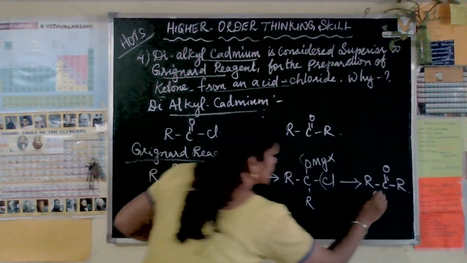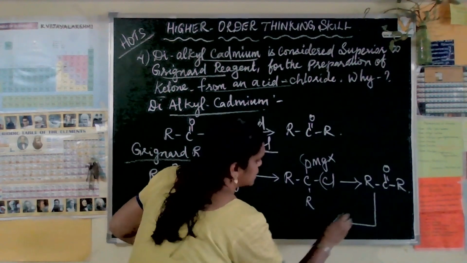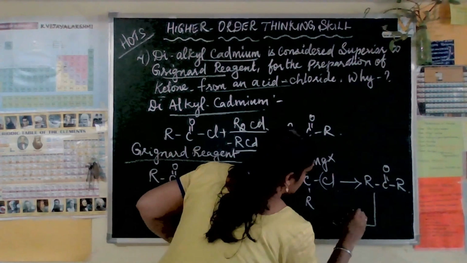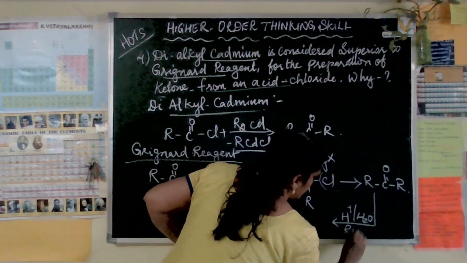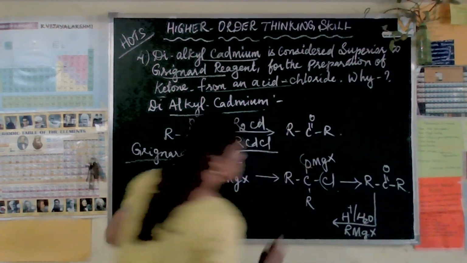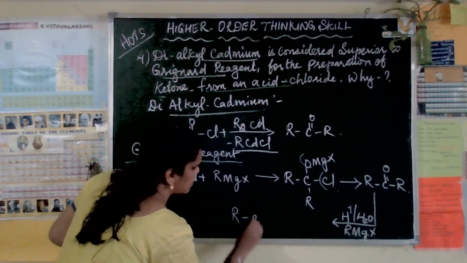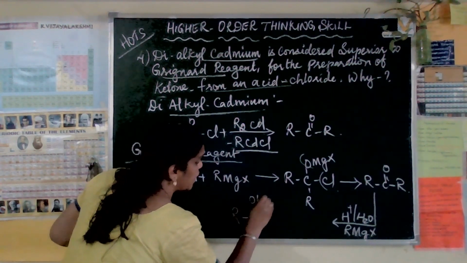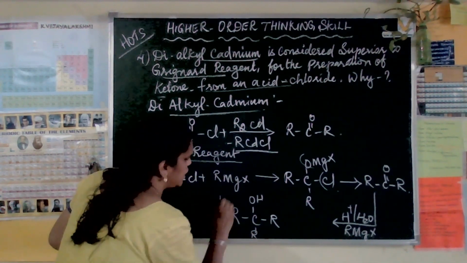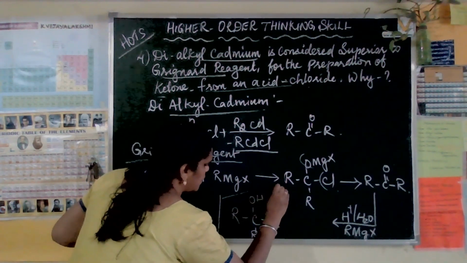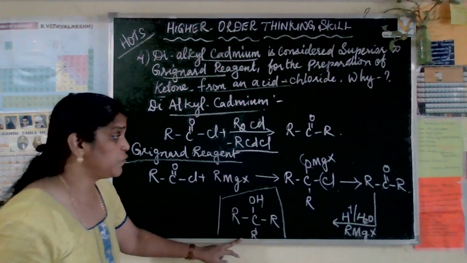So further it reacts with H+, H2O, hydrolyzed, and RMgX. So what happened here? Tertiary alcohol formation. Here OH, here R, and then here one more R. So tertiary alcohol formation, you will get it.